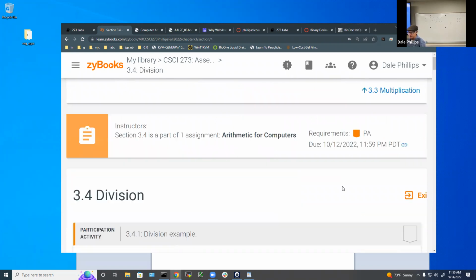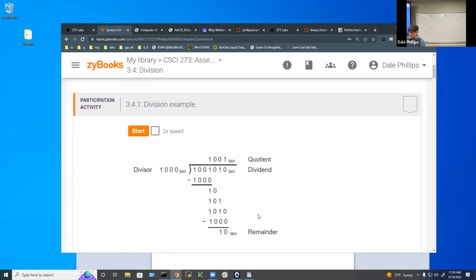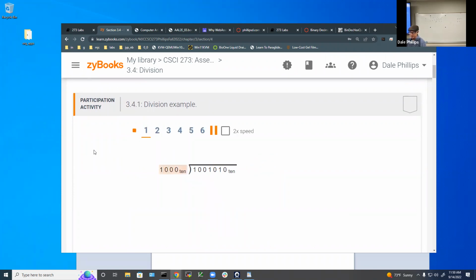And division, the way they're showing it is this way, and it's doing the same type of thing. So let me hit play. Whoops. There we go. So you can see what it's doing.